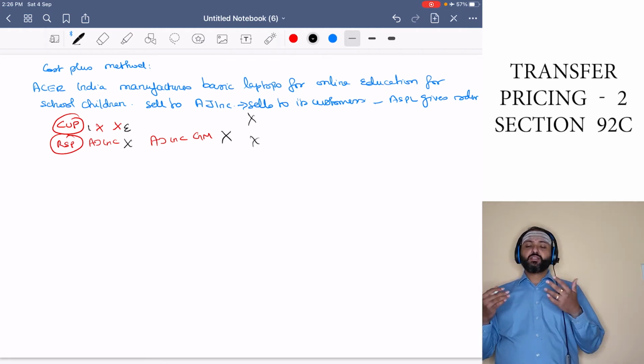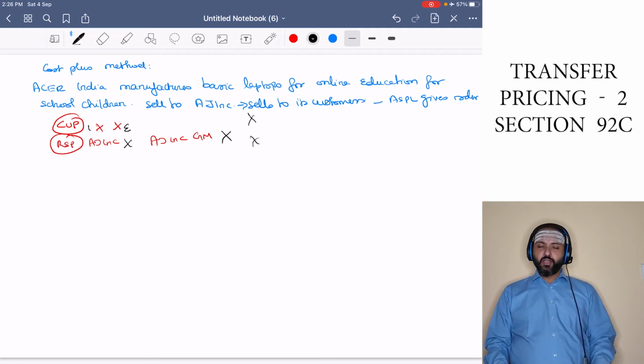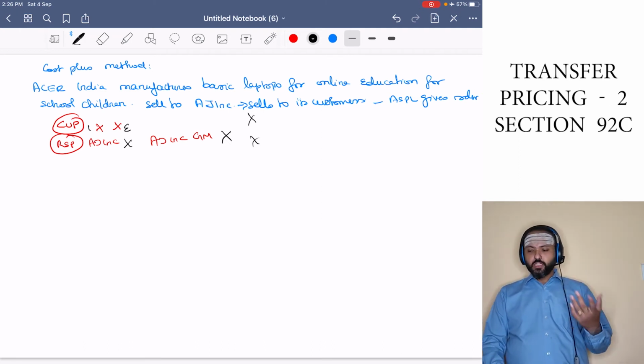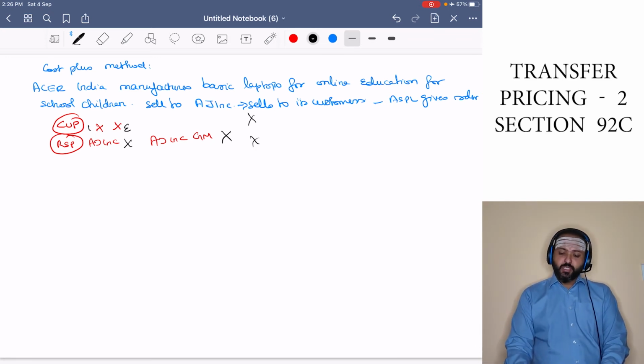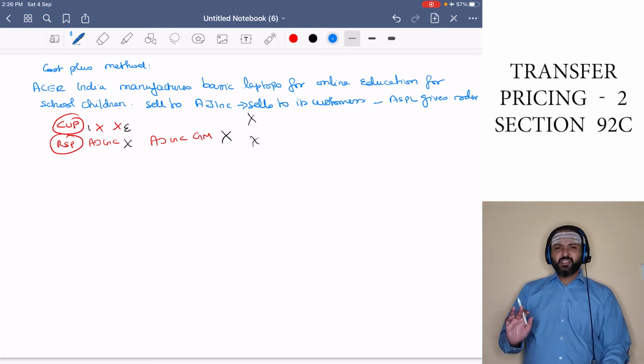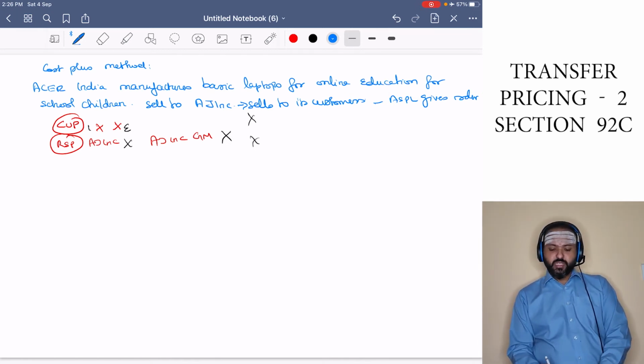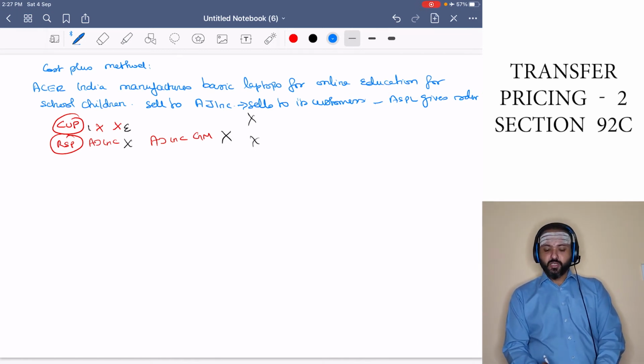So this makes us come to the next level of learning, which is going to be application of the cost plus method. So what is this cost plus method? This cost plus method is the standard method where I am not able to apply the other two methods. What I will do is I will see what is the cost of manufacture. So what can be the cost? First one will be direct costs. Second one will be indirect costs.